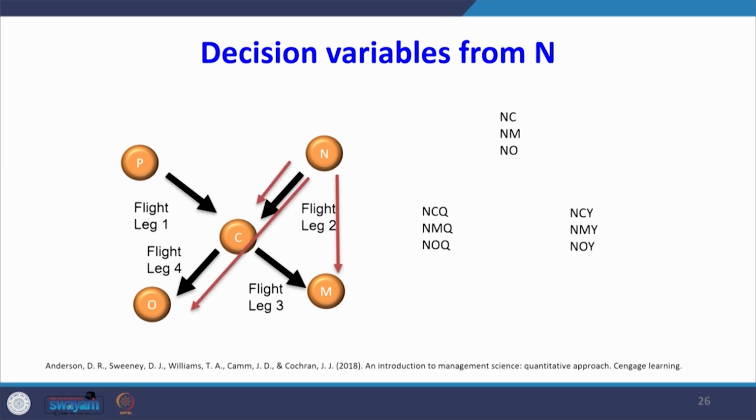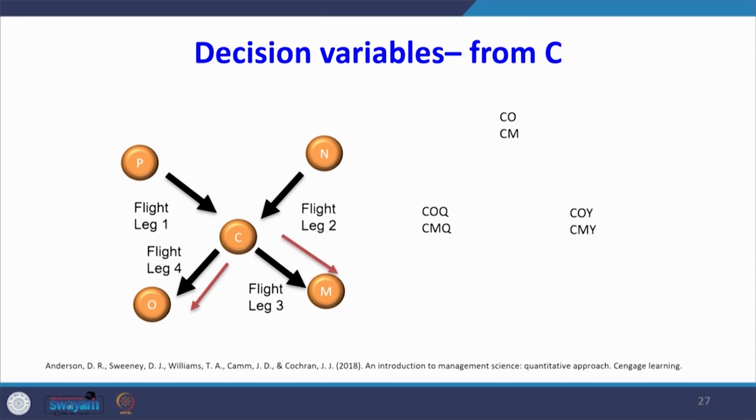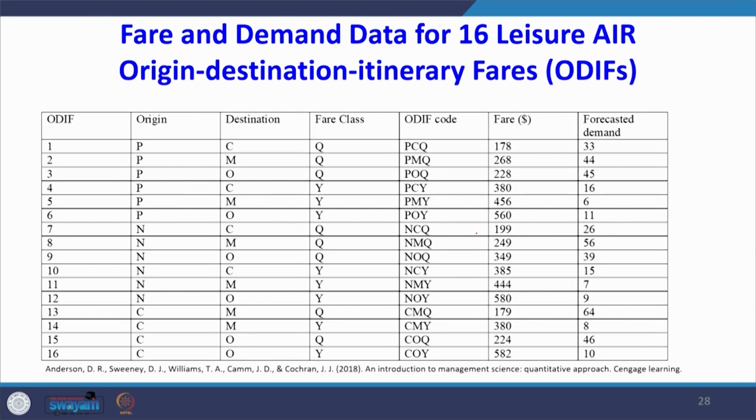Similarly, when the flight starts from origin N, New York, there are NC, NO, NM, in two categories, Q class and Y class. So, there will be another 6 variables. Not only that, somebody can book the ticket from CO and CM, in two categories, Q and Y. So, another 4 decision variables.